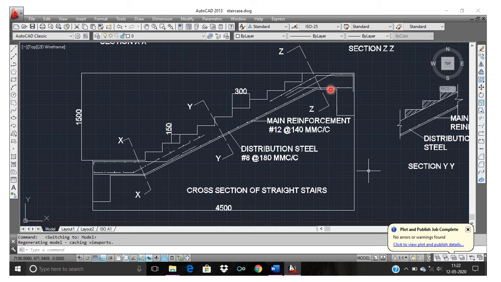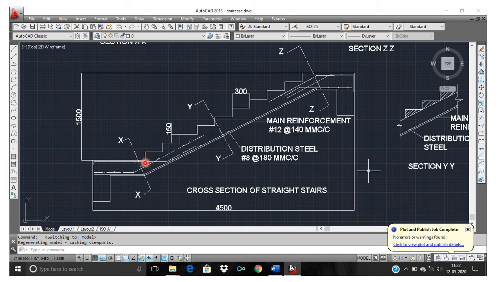Similarly, in the bottom landing slab, the main reinforcement at the bottom of the waist slab is continued as main reinforcement, and above that we provide the distribution steel. Now, what about the top reinforcement of the bottom landing slab and top landing slab? The top landing slab will have the main reinforcement at the top, and below that the distribution reinforcement.